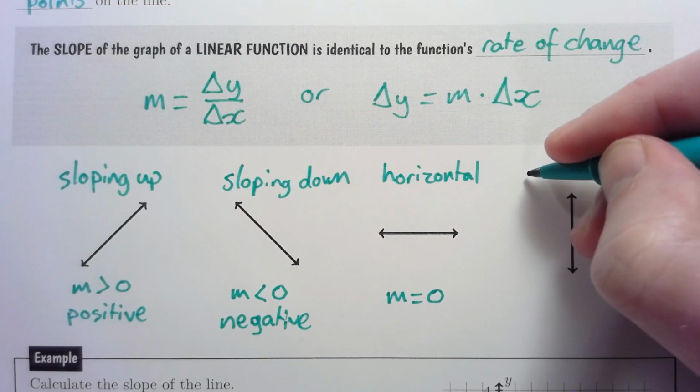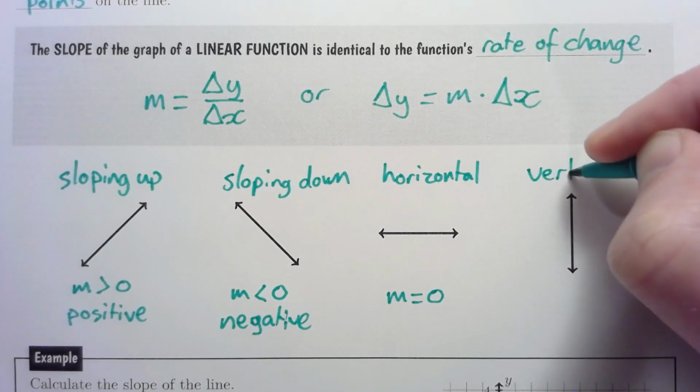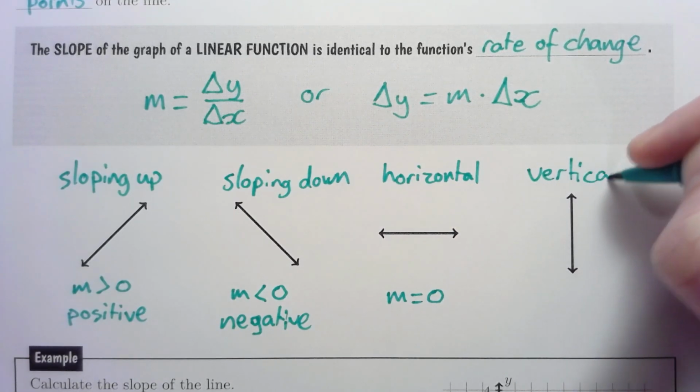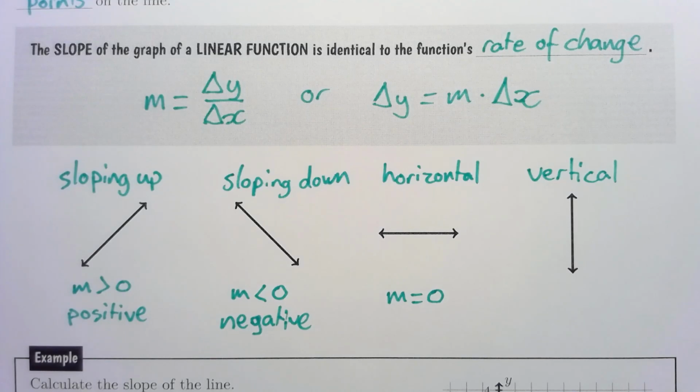And finally, and we won't actually see much of that in this class, the reason for that is you can't actually get this from a function, but there are related topics in which you can have a vertical slope.